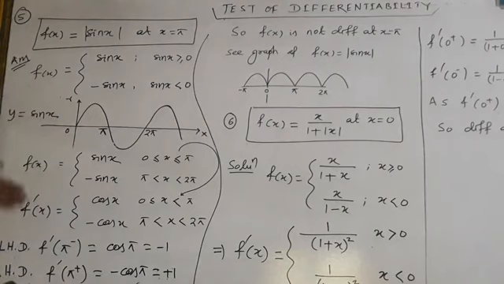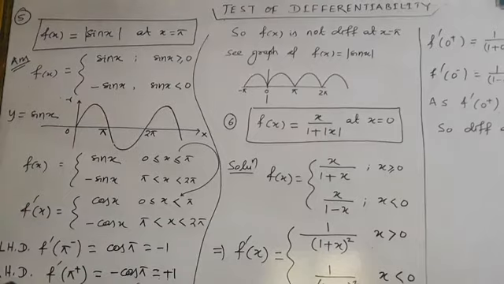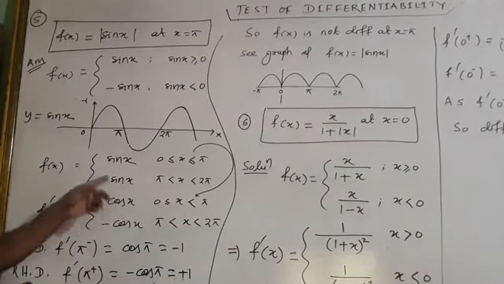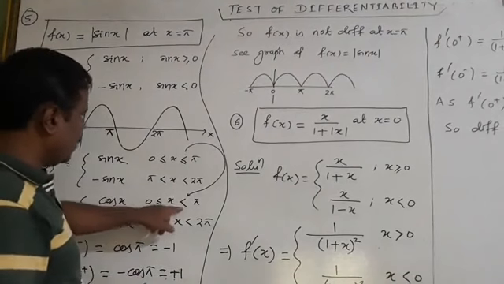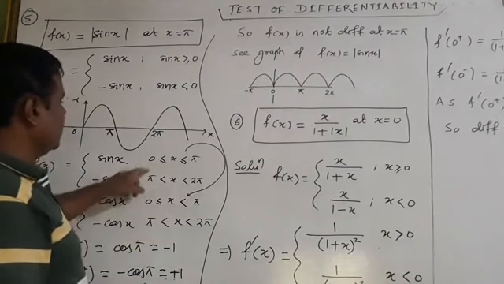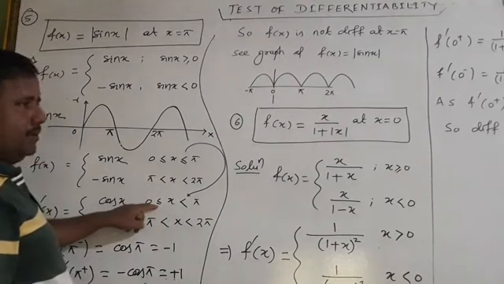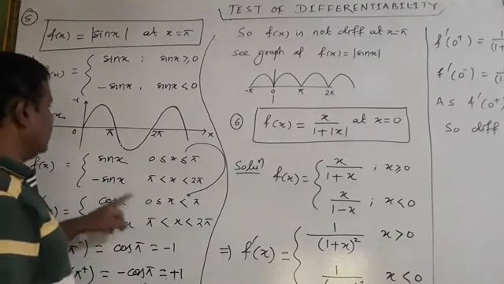Now very easily you can solve after that. You just have to find f'(x), that is cos x and minus cos x, and it is a very remarkable point. You should not put the equal mark here.